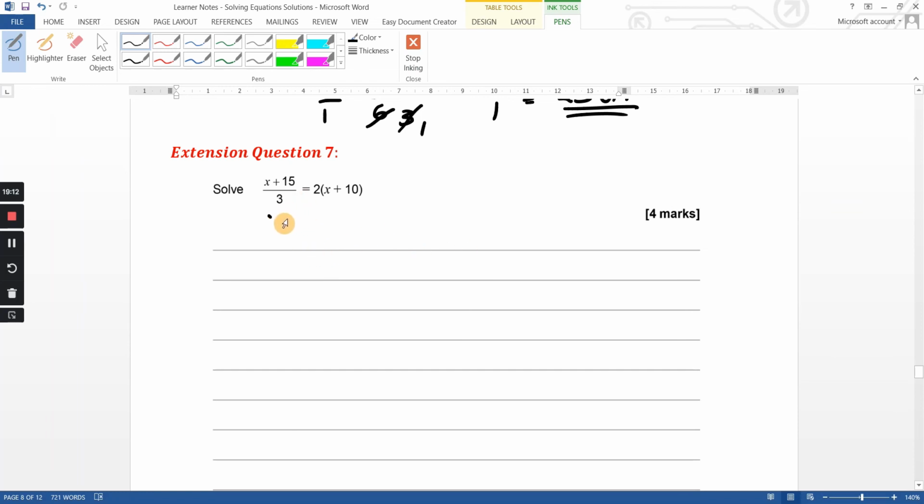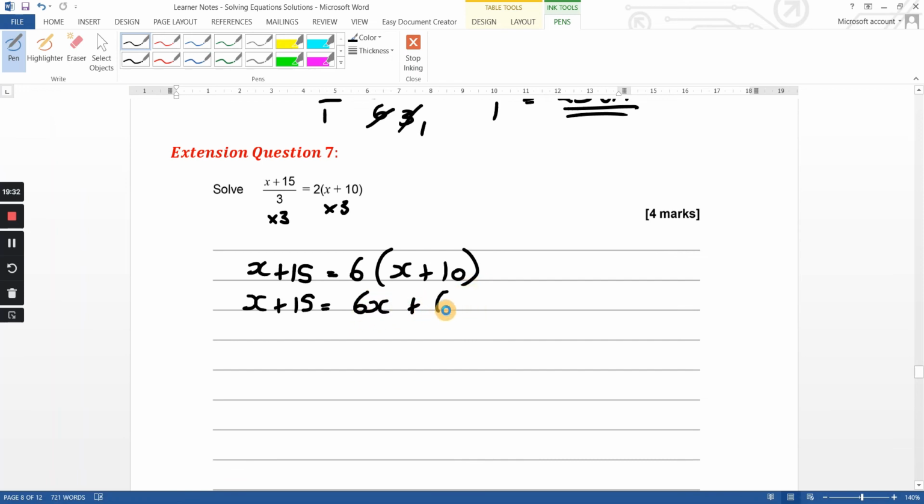Let's get rid of the fraction first. So I have to do that. That gives me 2 times 3 is 6. Still got that. Let's get rid of the brackets here. 6 times 10 is 60. Let's keep the 6x here. Let's get rid of the x on this side. So I'll get that.